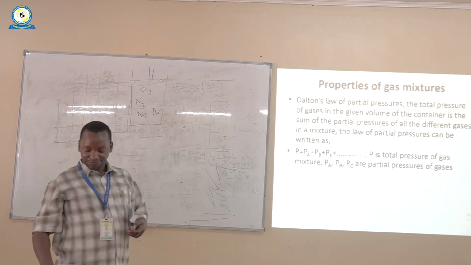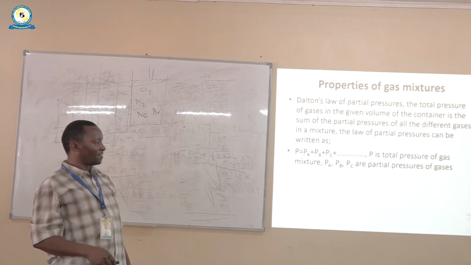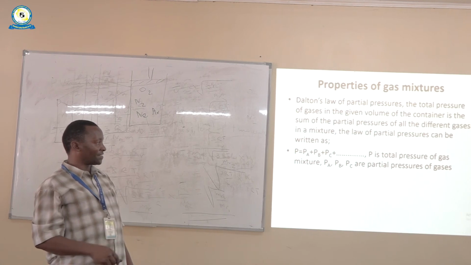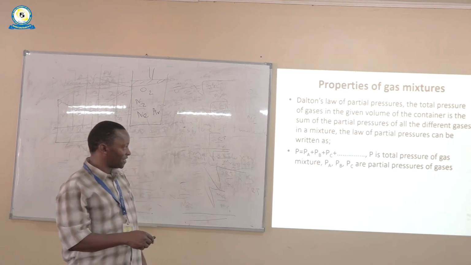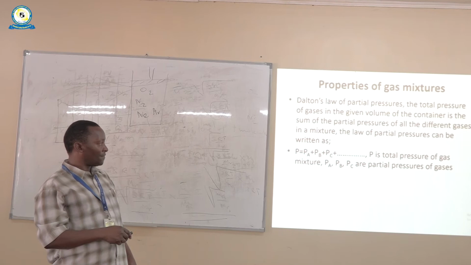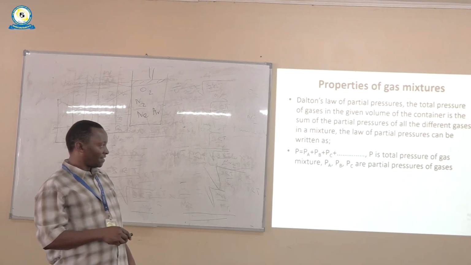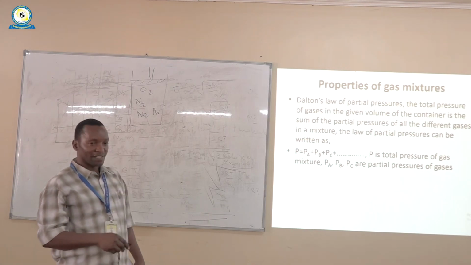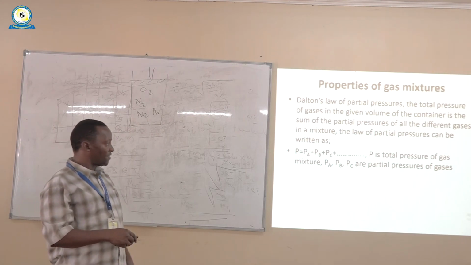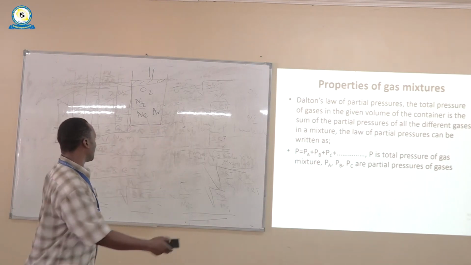It is represented by supposing that you have a gas A, a gas B, and a gas C. The pressures of all those gases make up the total pressure of the gases in the container. The pressure of each gas in that container is the partial pressure. So we'll have partial pressure A, partial pressure B, partial pressure C.